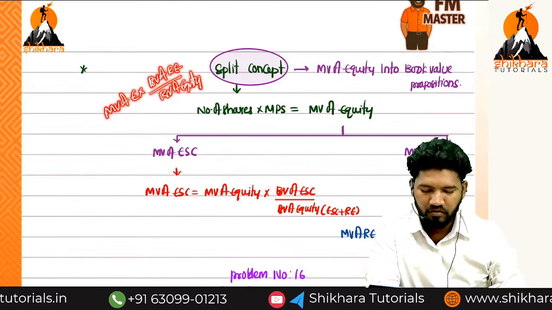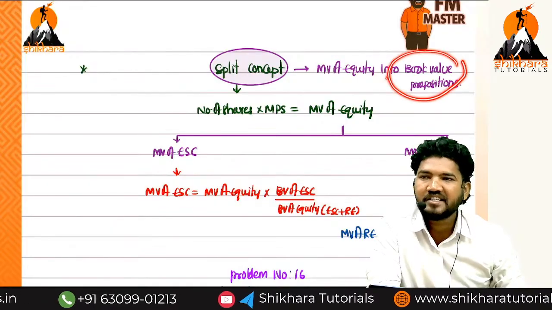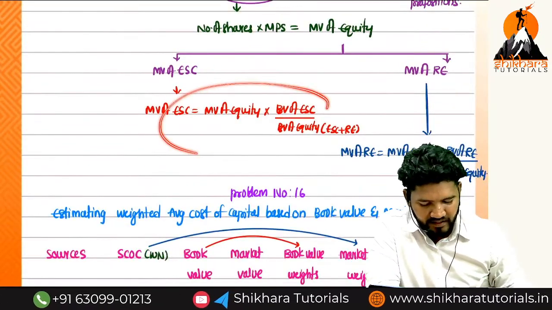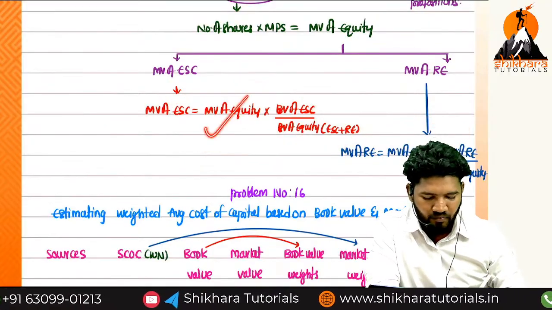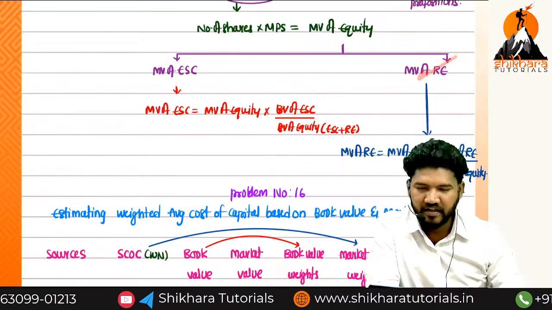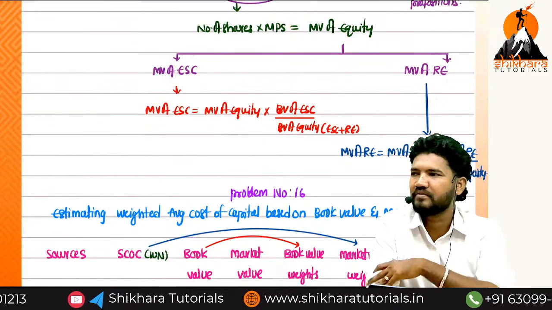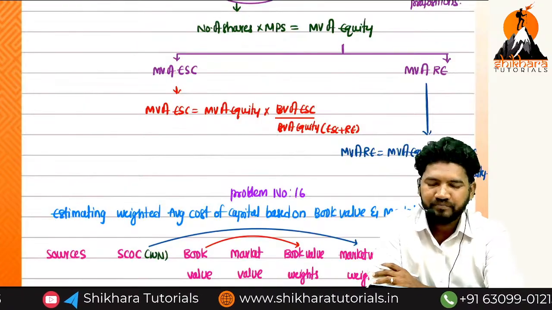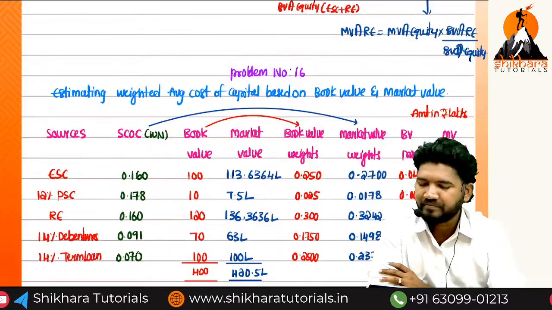Are you guys clear? Market value of equity into book value proportions, you will get the split. This is the calculation part, and common sense is also applicable here. If you calculate any one of retained earnings or equity share capital, the difference from the market value of equity is nothing but the second one. Are you okay? Then fine. I think we solved illustration numbers 16 and 15.